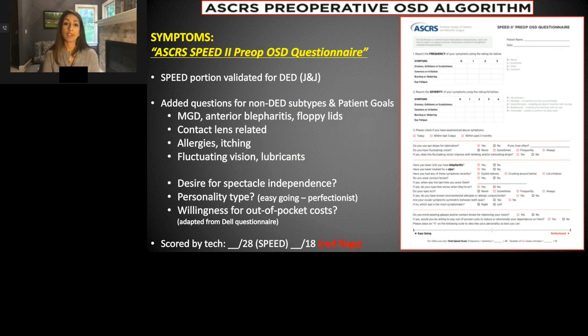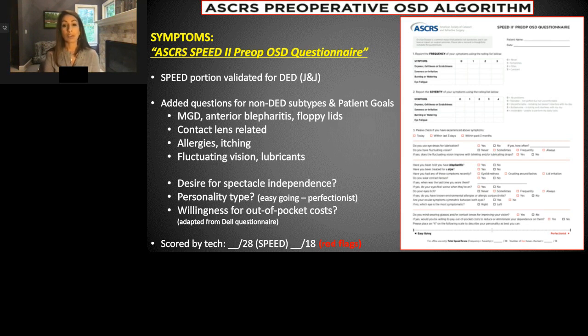I'm sure many of you are familiar with the SPEED questionnaire. It's a very brief and easy to administer questionnaire. What we did was add questions for non-dry eye disease subtypes of ocular surface disease, to assess for things like contact lens related issues, allergies, MGD, et cetera.